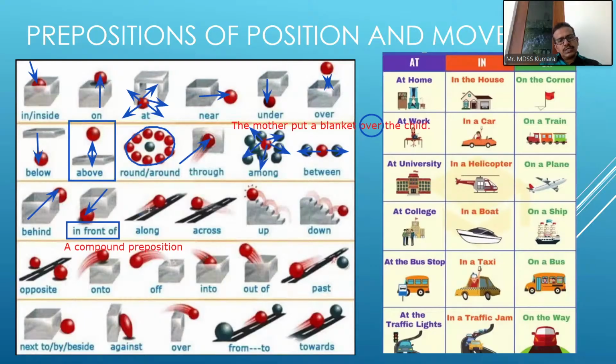In front of is a compound preposition. So this position is along, this movement is along a street, along a river bank, and the like. And this one is across. When we are crossing, cross is a verb, across is a preposition. And this movement is up, and the opposite of that is down.